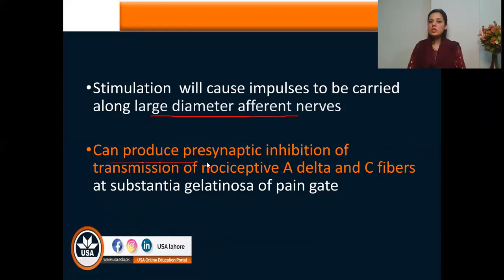You are going to cause presynaptic inhibition of the transmission of nociceptive A delta and C fibers at the substantia gelatinosa. So in this way, you are going to close the gate for the small diameter fibers. Further, you are even using a higher frequency than the C and A delta fibers. So technically, you are going to block them in two ways.